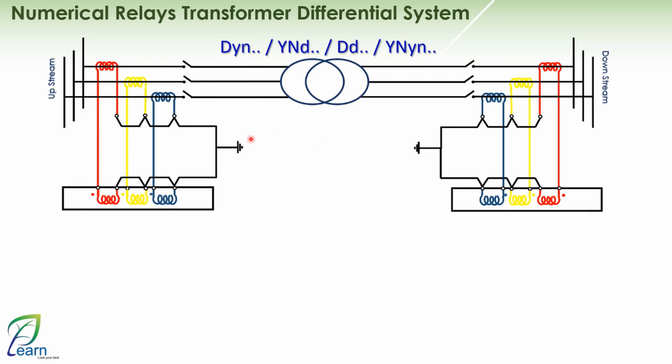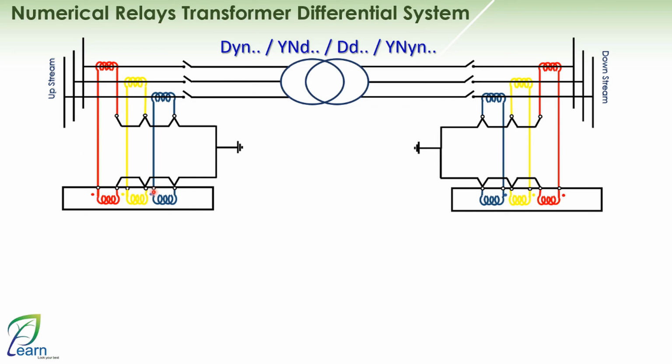The connection will be like this. We will notice the following here. First, the terminals facing the transformer on both sides of the transformer are connected together to form the star point. As for the other terminals, which are on the bus bar side and not facing the transformer on both sides of the transformer, they are connected to the dot point in my numerical relay.